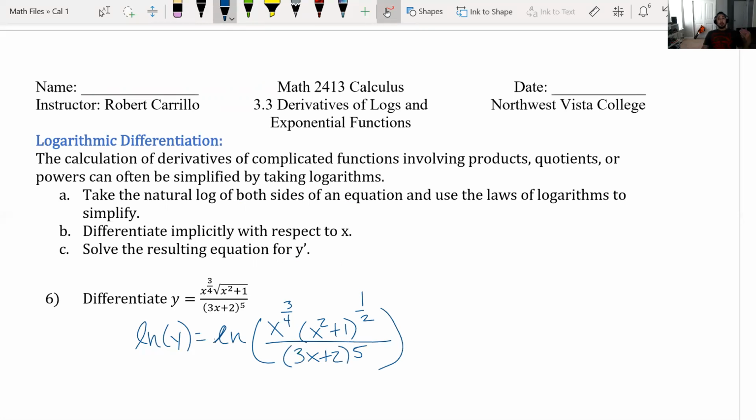Now, we will expand the right side by log properties. So, in the numerator, that is a product of two terms. So you will expand it by the log property, the product to sum.